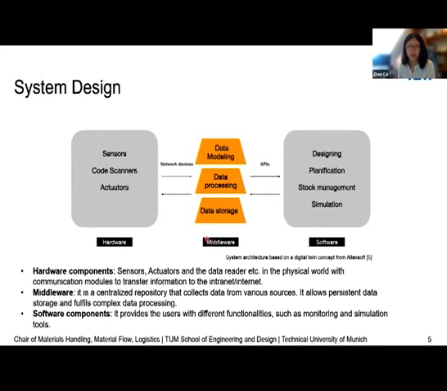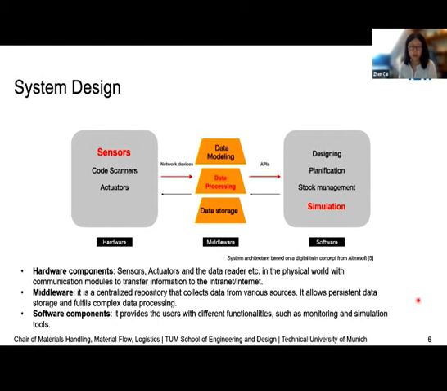In the middle layer, we have a middleware for filtering data, data processing, and data storage. And the last layer is the software layer. We have different software components which provide users with different functionalities, such as monitoring and simulation.